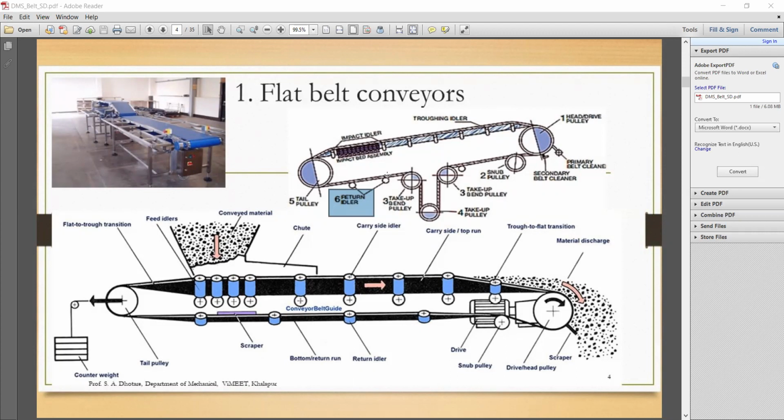Bulk material which can be handled, such as mine coals, sand, stone, clays, cement, or powdered flours, or you can say slurries. So this kind of bulk material we can handle by using conveyor system.